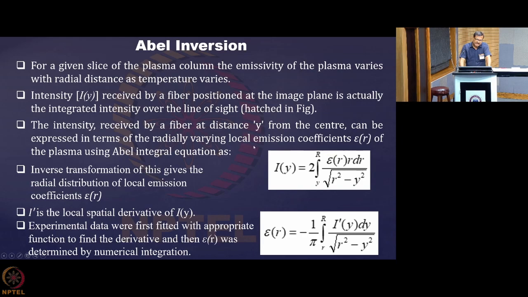This technique of inverting this integral and extracting the value of epsilon r from the integrated intensity is like this. This I dash is the local spatial derivative of I. So the experimental data is first fitted with an appropriate function to find this derivative, and then epsilon r is determined by numerical integration.